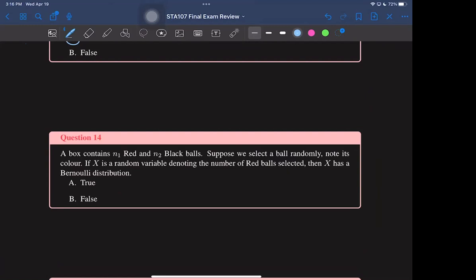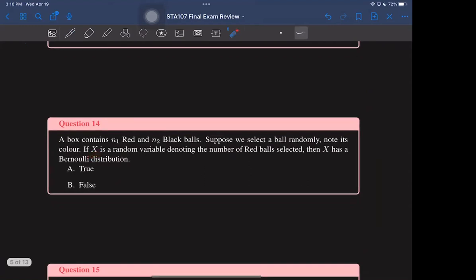I have 3 true and 4 false. Here we select a ball randomly, and a box contains red balls and black balls, which means either the ball that we just select is red or black. And we let X denote the number of red balls that we just selected.